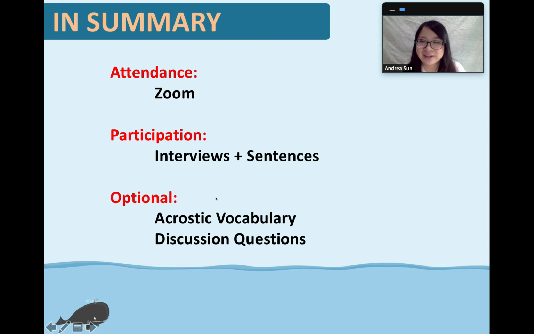And then some optional participation work that we mentioned earlier is our acrostic vocabulary and answering discussion questions based on this unit's vocabulary. Although this is not going to be used for your participation assessment, I think it is a good way to practice your writing skills and a chance to interact with the other students in your class.